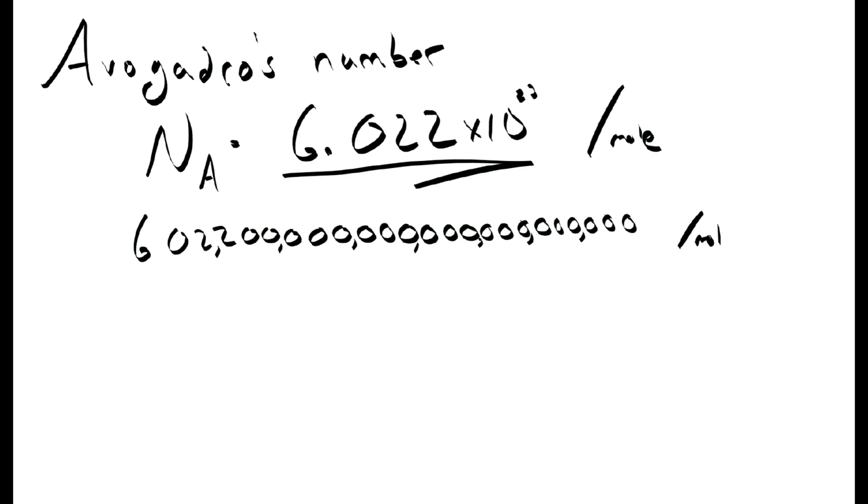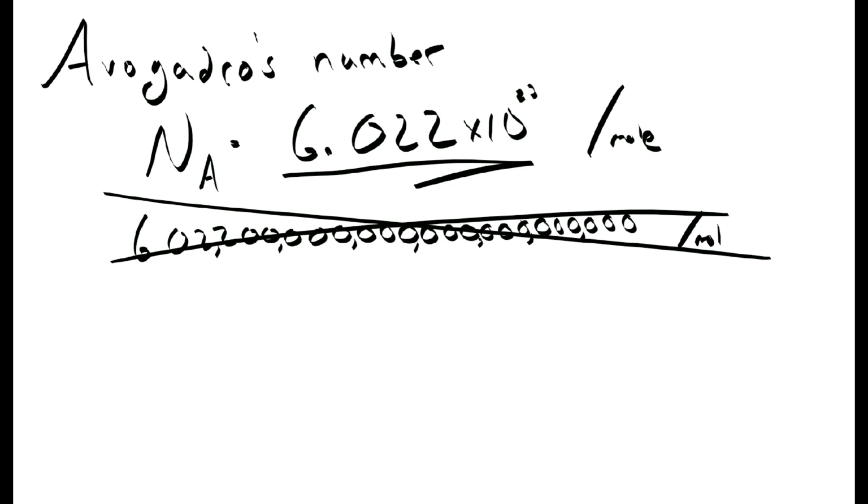Now, the way he got this is neat. It's by measuring the densities of known quantities of gases. Like I said, it's neat. We'll get to that when we get to chapter 9.